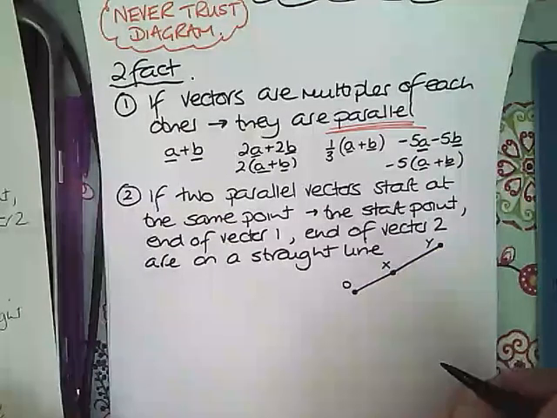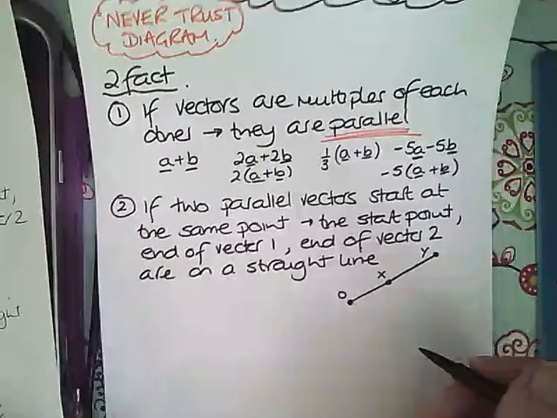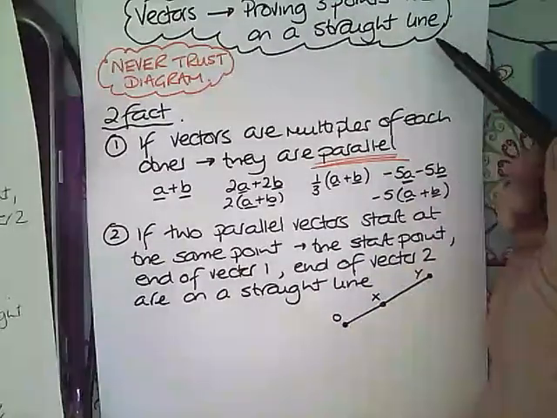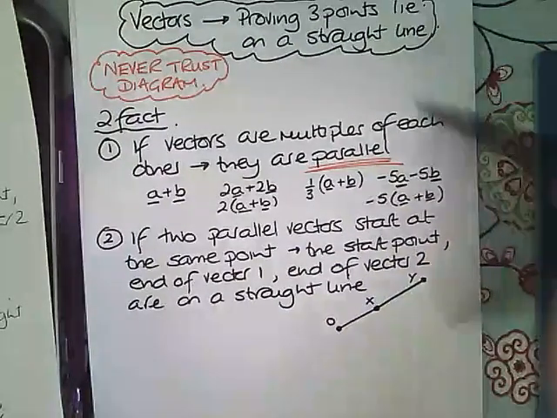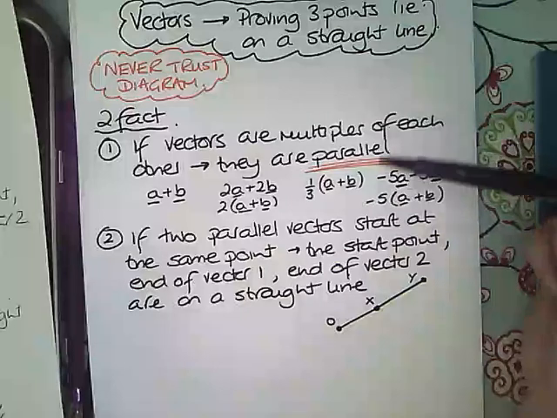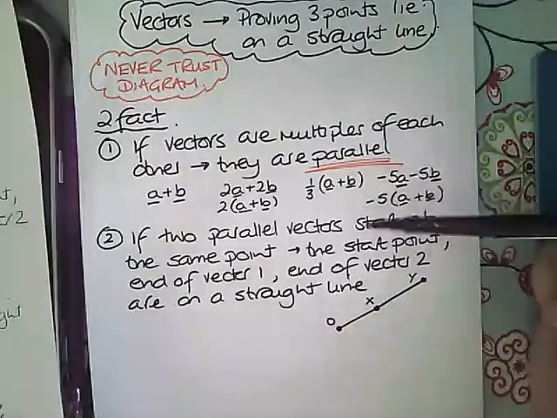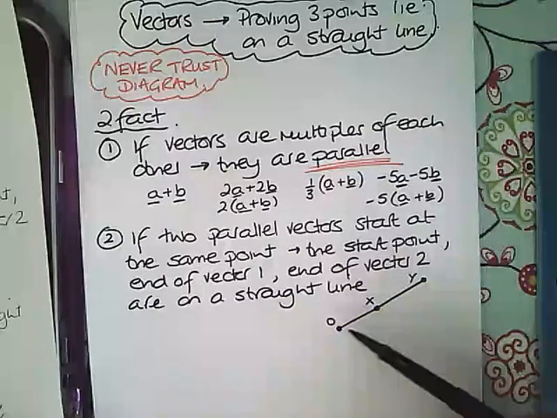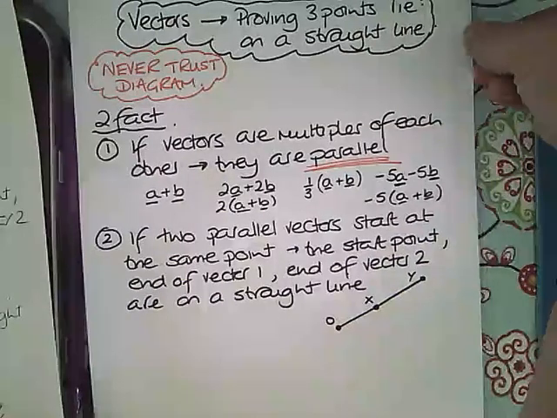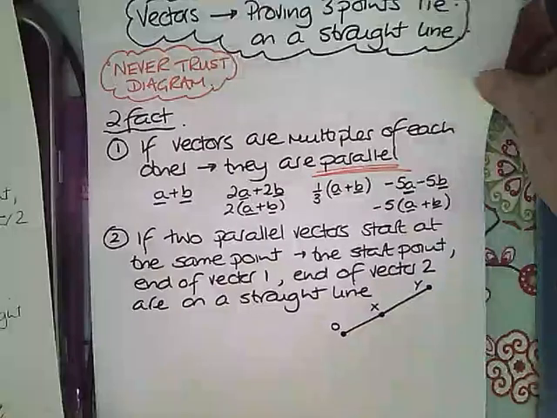So when we are trying to prove that 3 points lie on a straight line, the whole point of this video, what we have to do first of all is show that the vectors are parallel by saying they are multiples of one another, and the fact that they have the same start point gives us the final bit of our proof to say that they are on a straight line.